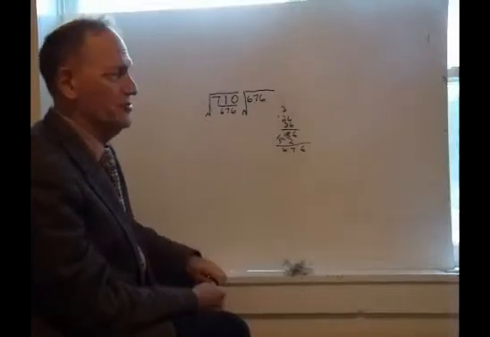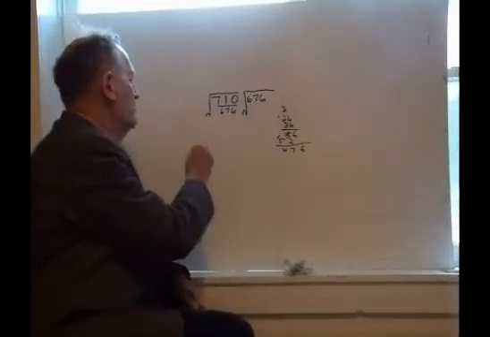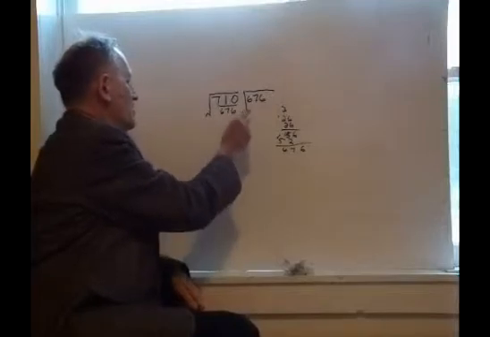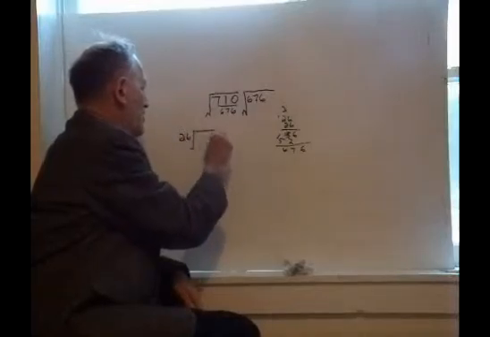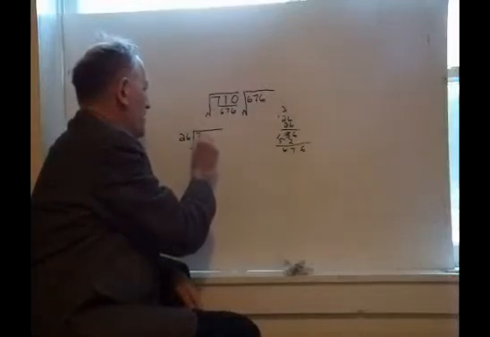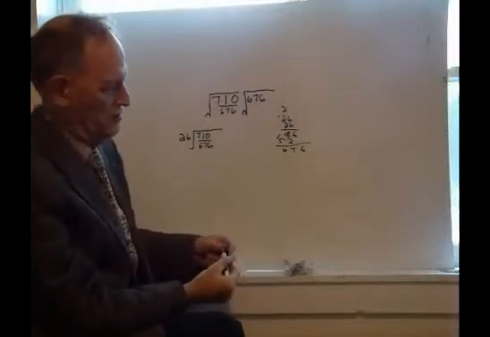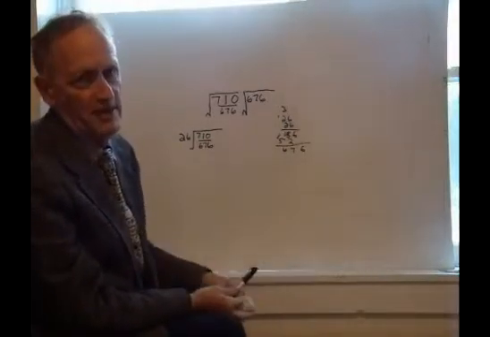It just happens to be 26. So I'm going to replace this by 26, and rewrite my expression: 26 times the square root of 710 over 676.